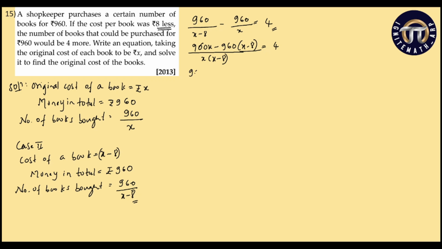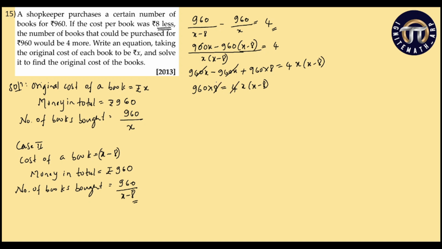When I remove the bracket, 960x minus 960x plus 960 into 8 is equal to 4 into x minus 8. I can cancel in the next step so that it will be clear: 960 into 8 is equal to 4 into x minus 8.